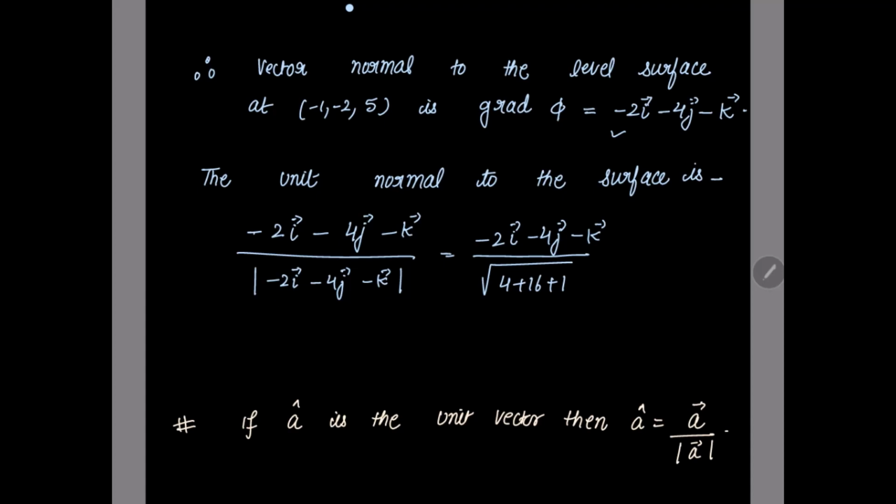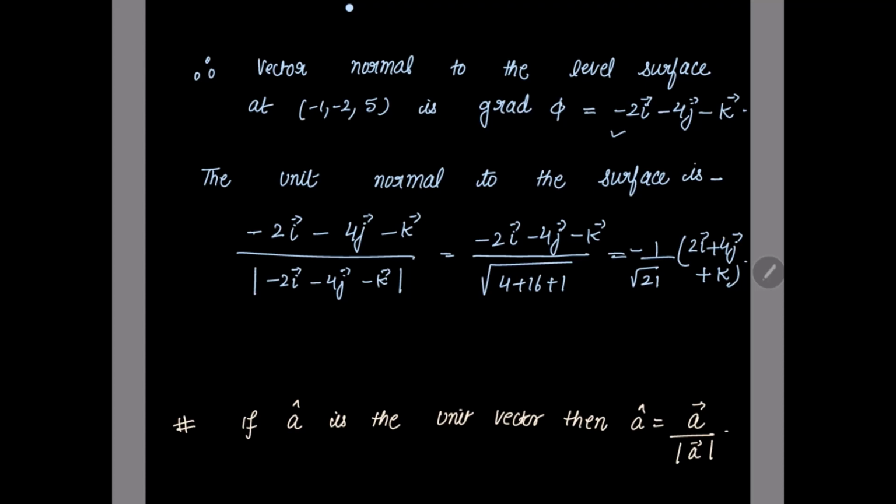Just square this and take the root, which is equal to 1 over root of 21 times 2i plus 4j plus k, with minus sign outside. Right? So this is how I have found the unit normal to the surface.